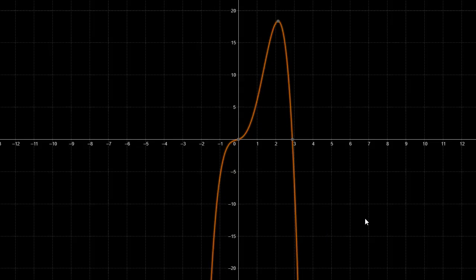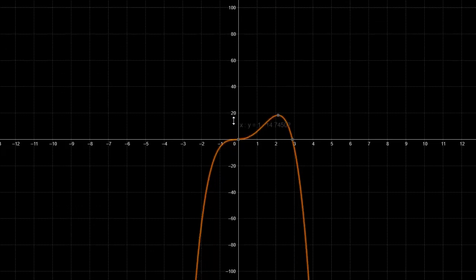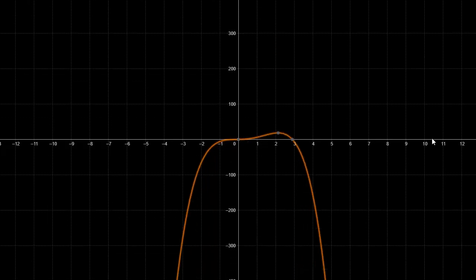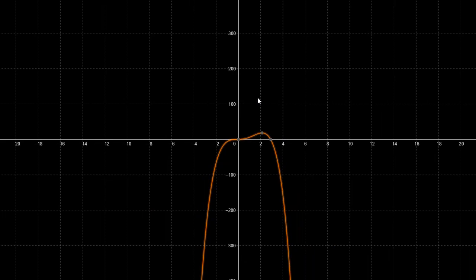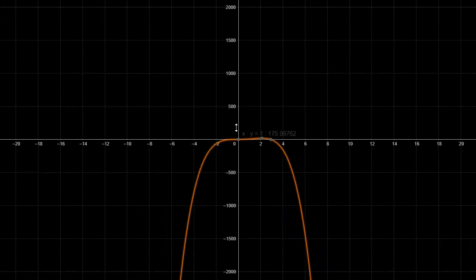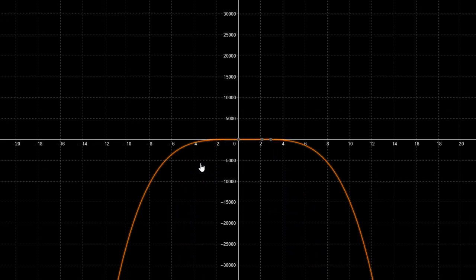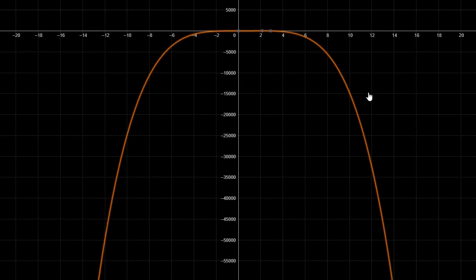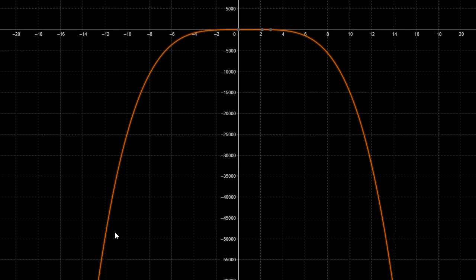If we look at another example, just to show that it doesn't always line up, like f doesn't always go to infinity as x does, or negative infinity as x does. If we zoom this particular function out, we see that as x increases, this function is dropping down to negative infinity on both sides.